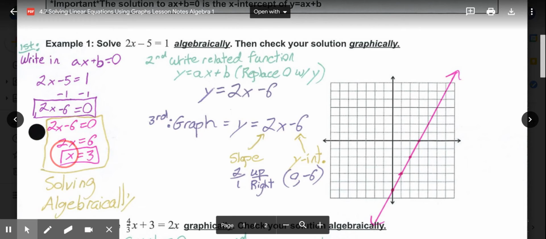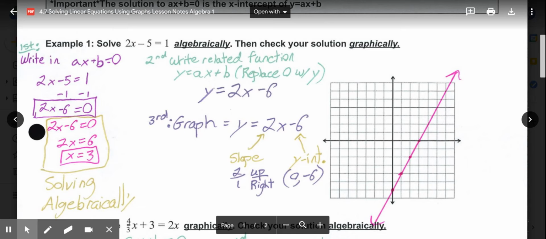So our solution algebraically tells us x equals 3, meaning our graph should also cross the x-axis at 3. So we're going to check to see if that graph crosses the x-intercept at 3 like our algebraic solution says.